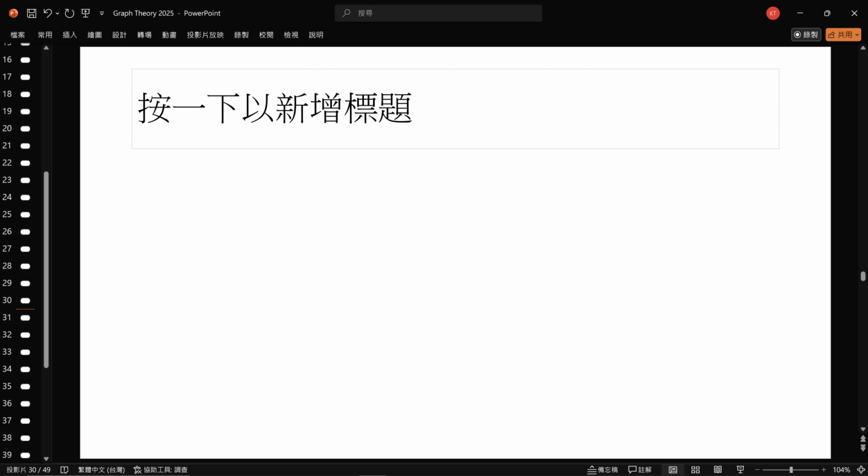Then this edge will create a cycle. Okay. So we want to show that if we have these two conditions, then we can always find a cycle and another component so that we can run this algorithm.